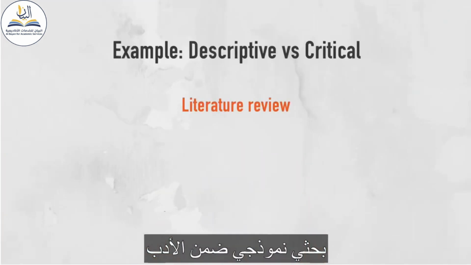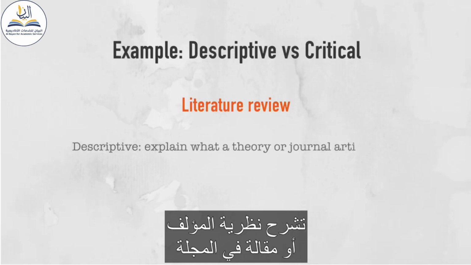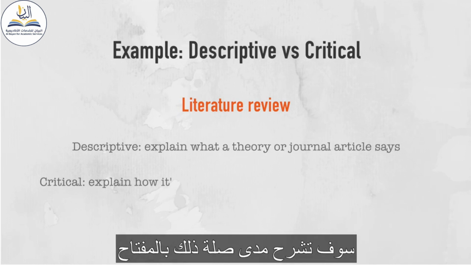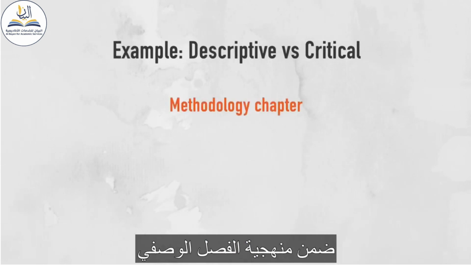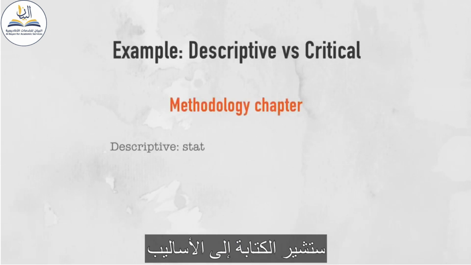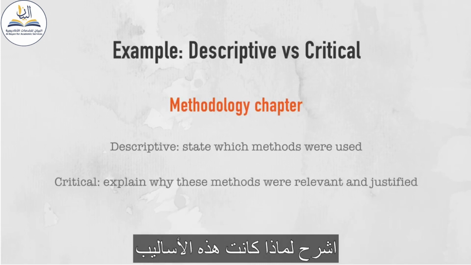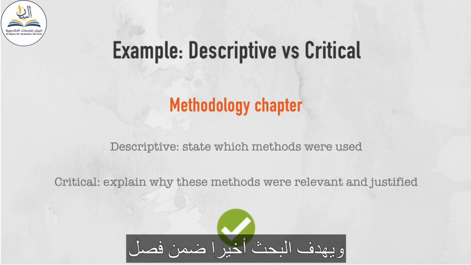Within a literature review, descriptive writing would explain what a theory, author, or journal article said, whereas critical writing would explain how that's relevant to the key issues and research questions. Similarly, within a methodology chapter, descriptive writing would state which methods were used, whereas analytical writing would explain why these methods were relevant and justified in light of the specific research aims.